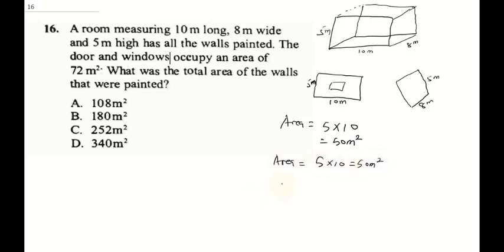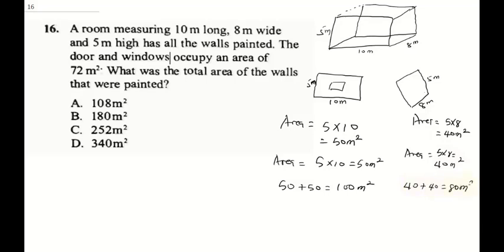So the two opposite walls will give you 50 plus 50, that will be 100 meters square. Now for this one, the area will be 5 times 8, which will give us 40 meters square. Same thing applies to the opposite one, which will be 5 times 8, and that will give us 40 meters square. Then you are going to sum up 40 plus 40 to get what?